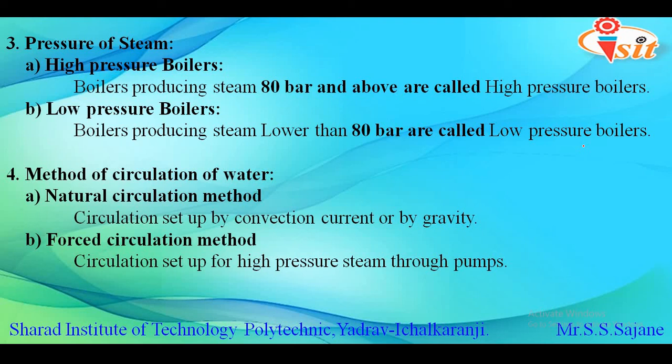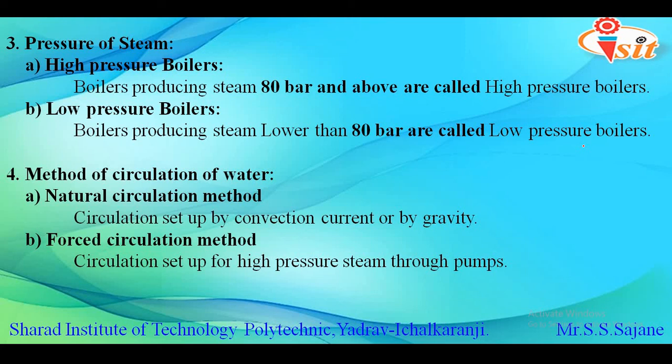We are going to see both the types when we study in detail the various types of steam boiler, including the natural circulation method as well as the forced circulation method and how it takes place in a boiler.